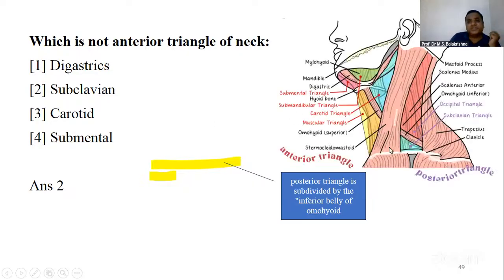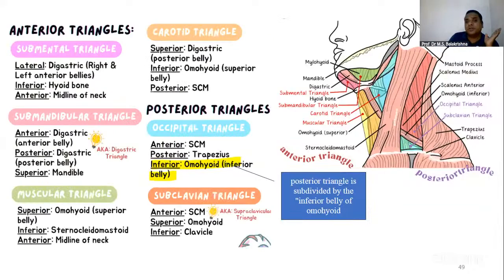The contents of these triangles you should also learn, especially the carotid triangle, where the carotid artery, ansa cervicalis and carotid sheath are. Which muscles the ansa cervicalis supplies, you should learn perfectly. And the contents of each triangle, you should know.